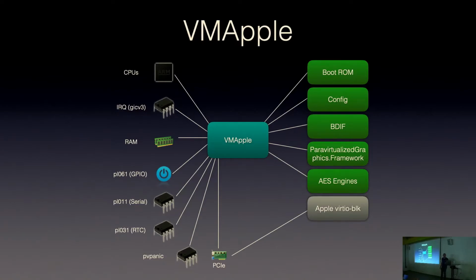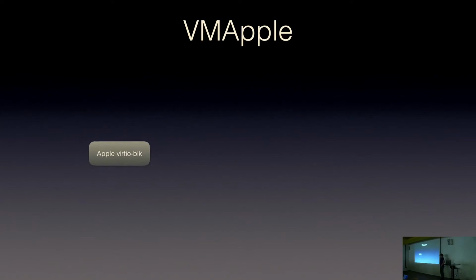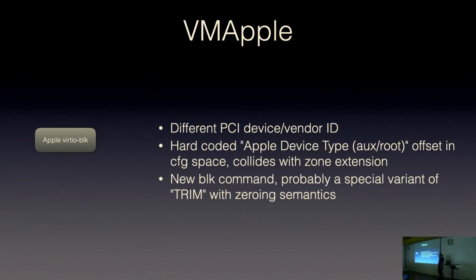Cool. So that leaves only the VirtIO block device, which is particular. The Apple VirtIO block device is pretty much a standard VirtIO block on a different PCI device identifier, so that it doesn't collide with the normal VirtIO block number space. And it has a hard-coded Apple device type identifier at a fixed offset of the config space, which means since they didn't update the spec to have that included, they now collide with the zone extensions, and now we have two different values at the same location.